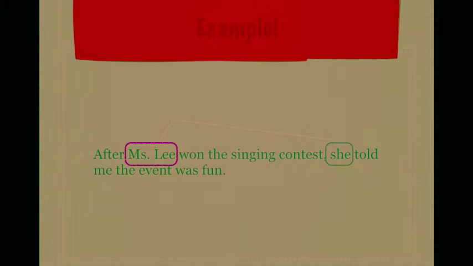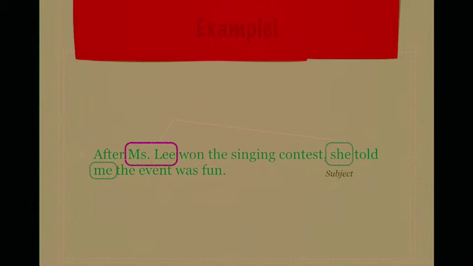So remember, pronouns are anything that replaces the regular noun. Read through it again. Me would be the object pronoun because it is the direct object.